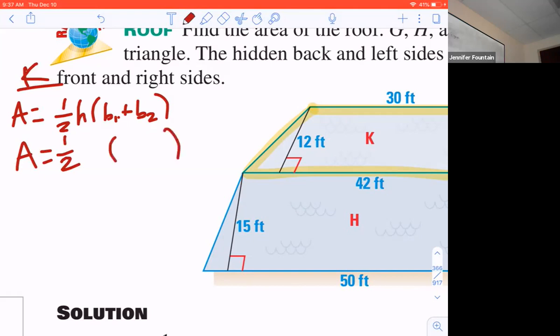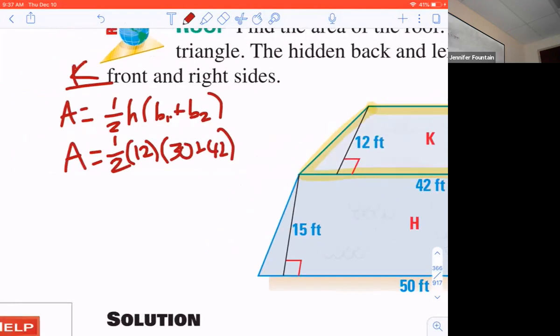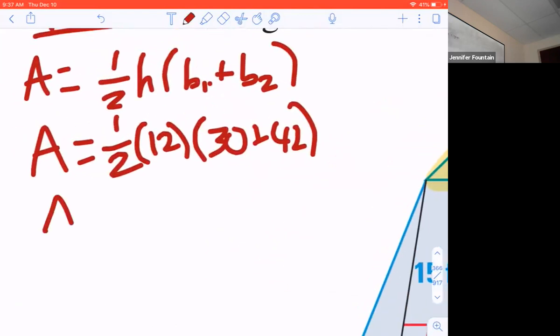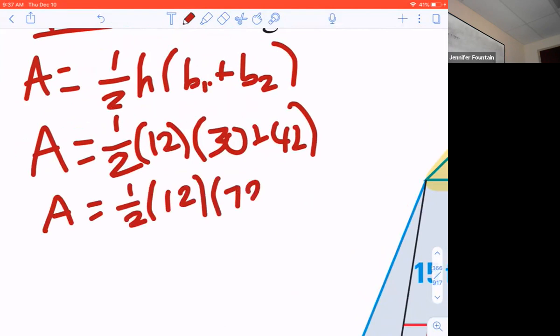What is my height for K? 12. So I'm going to have 1/2 times 12 times (30 plus 42). What is 30 plus 42? 72.